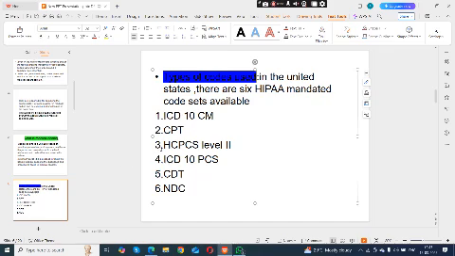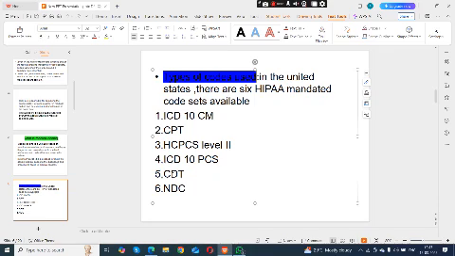HCPCS is the Healthcare Common Procedure Coding System, level 2 codes. And coming to the fourth one, ICD-10-PCS. This is the International Classification of Diseases, 10th revision, where in PCS we use procedural coding. So it's a procedural coding.